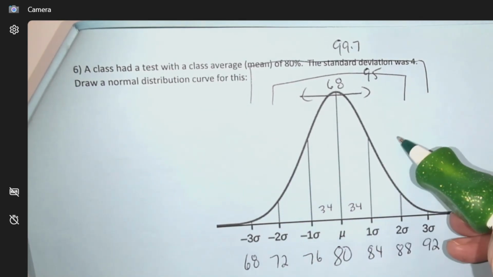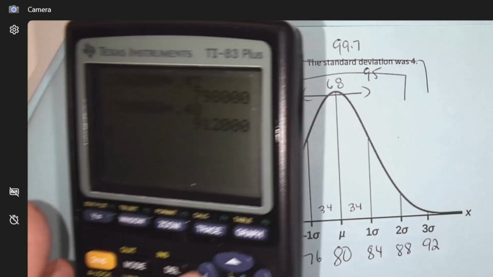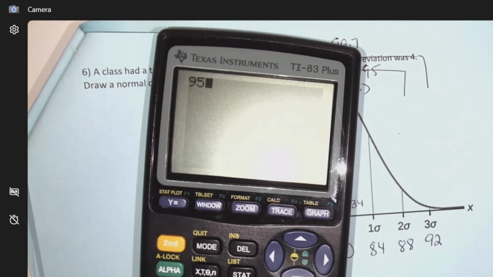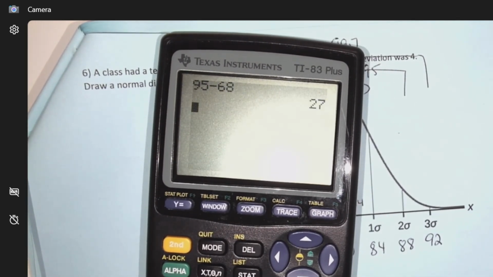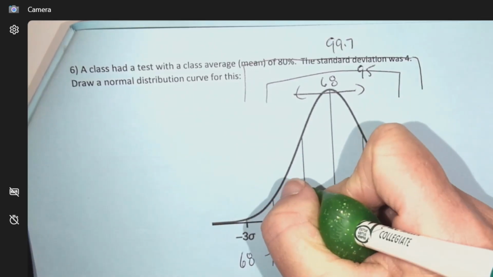If this section is 95, then 95 minus the 68, divide by 2, means 13 and a half.